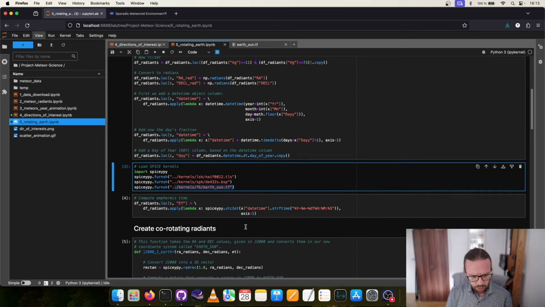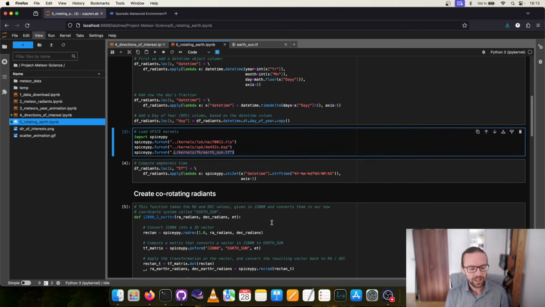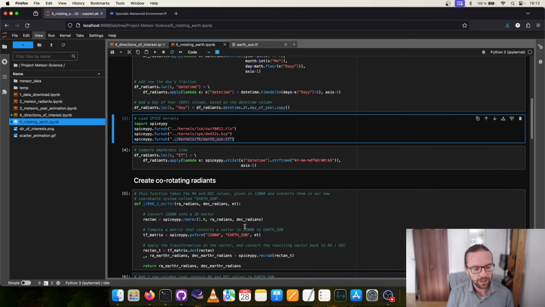Now what we need to do is convert the radiants from ecliptic J2000, in this case J2000, to our new, let's say, Earth Sun co-rotating frame system. And we do this first by creating a function, and this function is used to conduct this conversion.